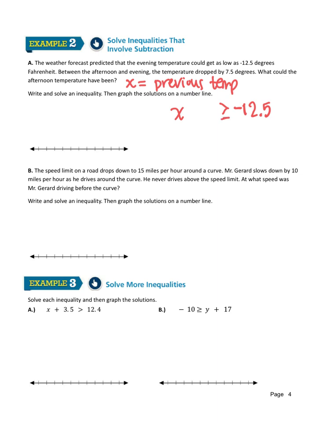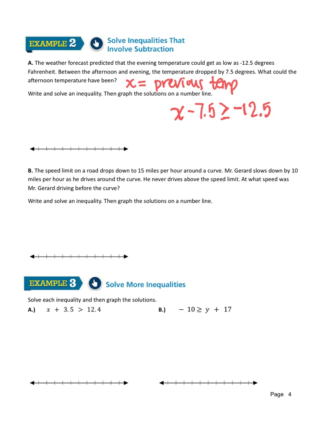So that's as low as it can go. So when it dropped, it dropped 7.5 degrees. So as I read this in order, there was a temperature, X. The temperature dropped 7.5 degrees, let's subtract 7.5. And now the result could be as low as negative 12.5.